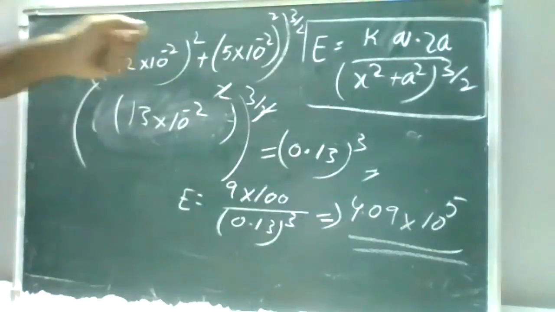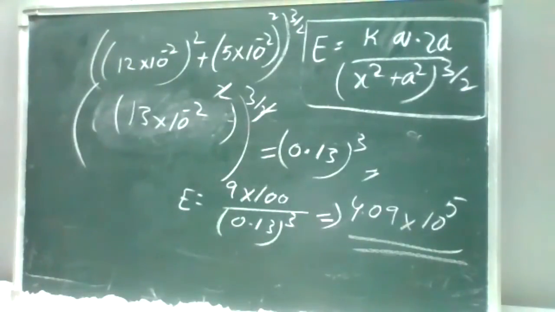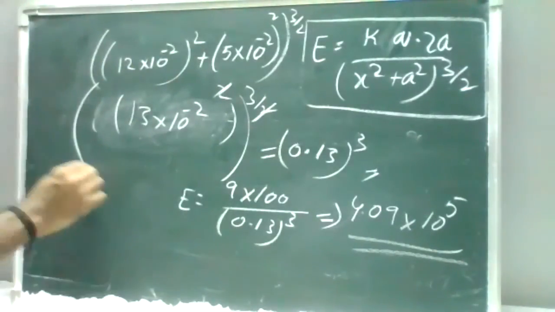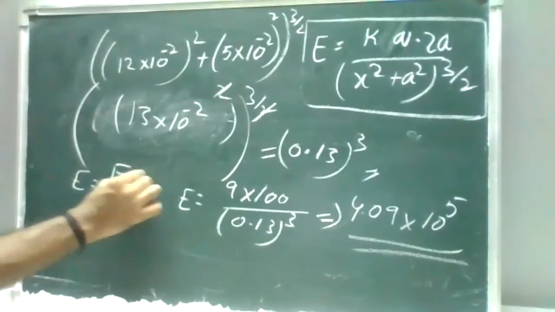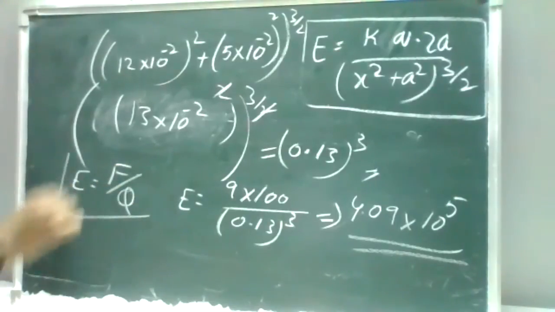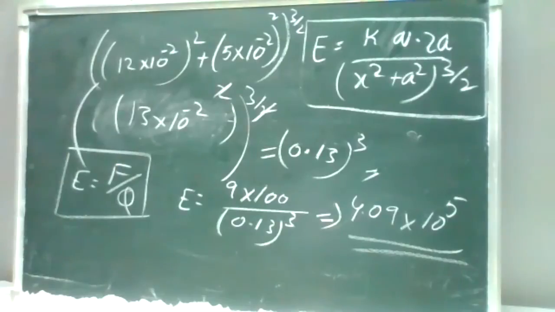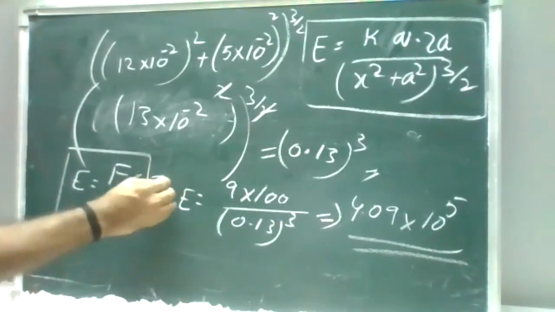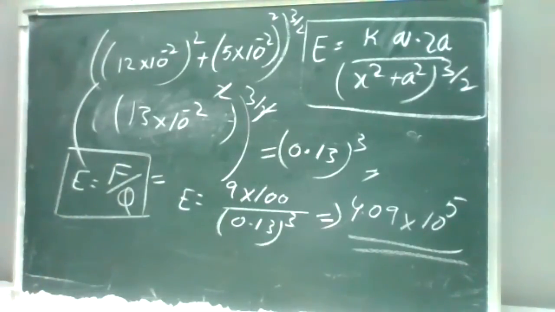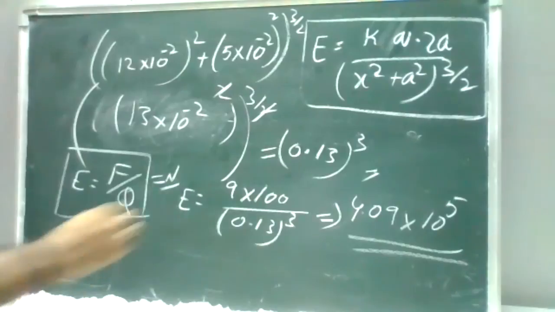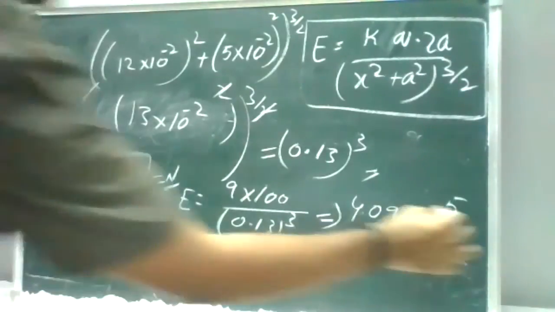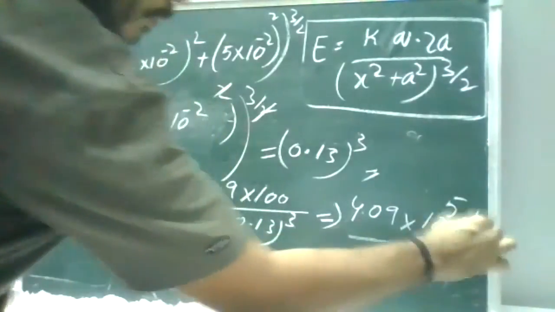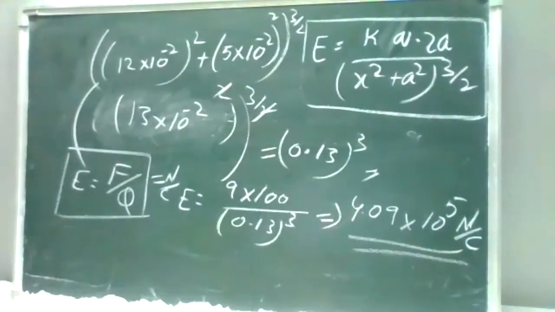So the basic relation for electric field is E is equal to F by Q. Based on this relation we have derived the equatorial and axial fields. So what is the unit of force? Newton. Charge unit? Coulomb. Yes, so the unit of electric field is Newton per coulomb.